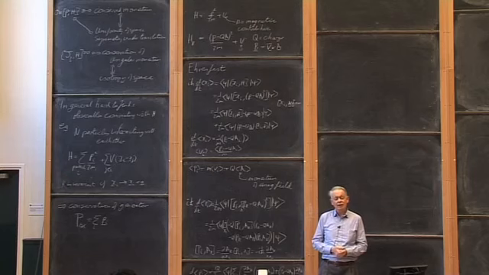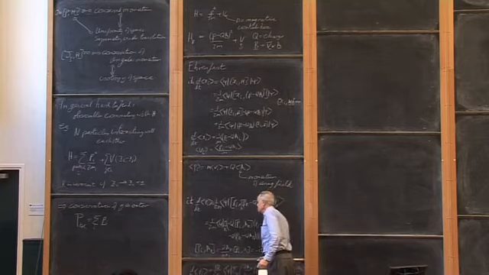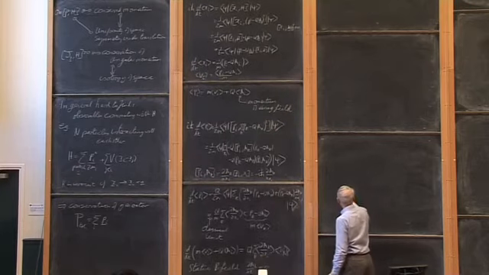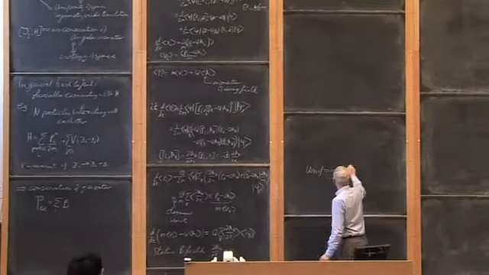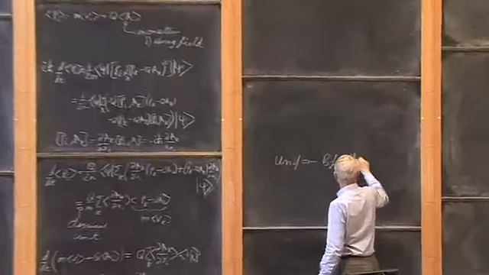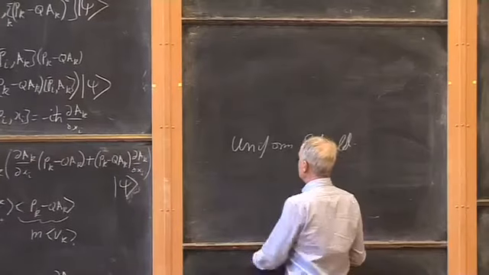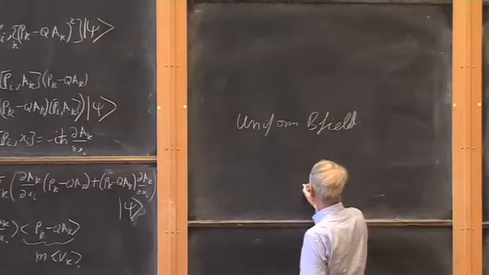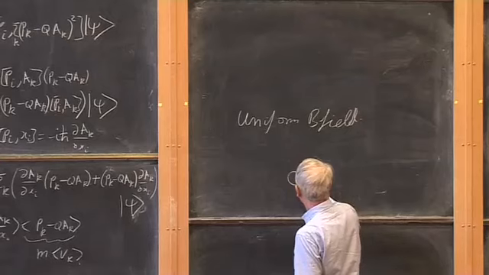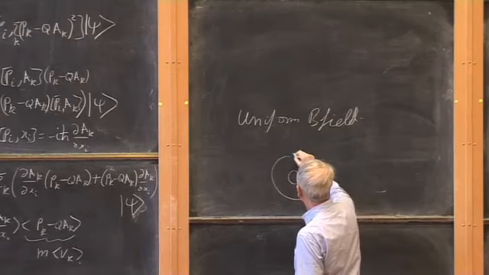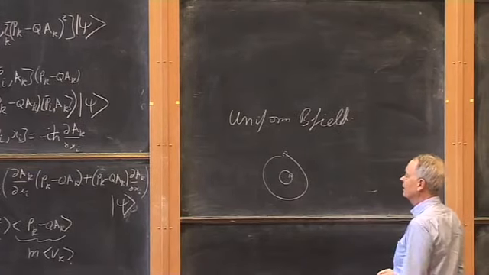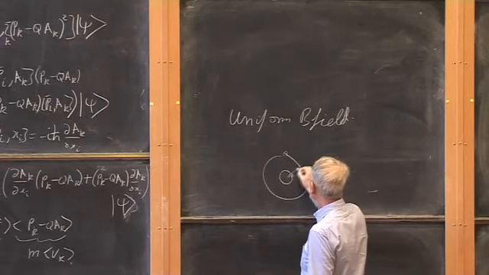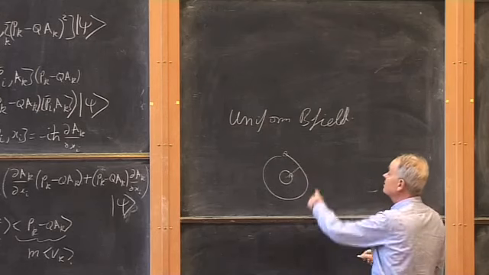The basic principle is that if you have a non-relativistic charged particle moving in a uniform B field, the orbits are circles, the particle circles around with some radius that depends on its speed.